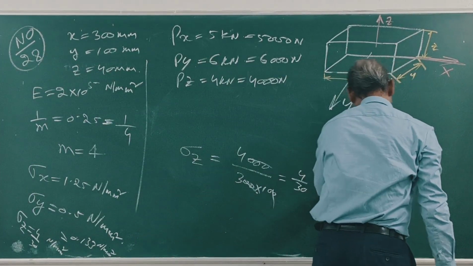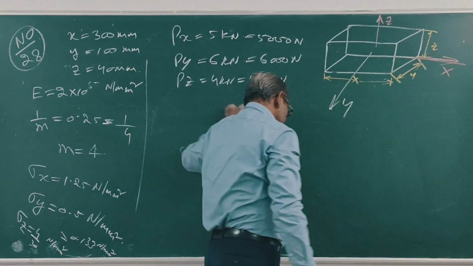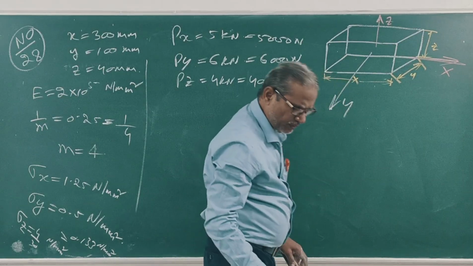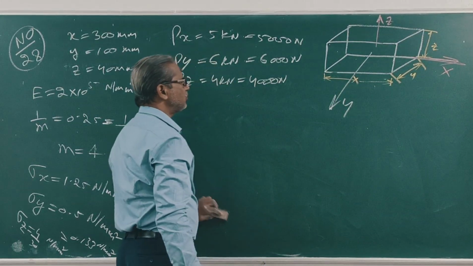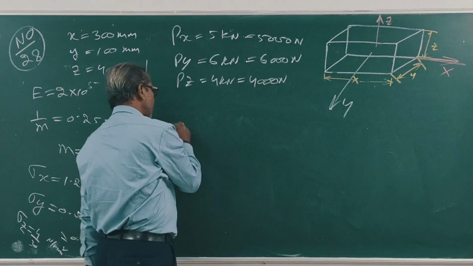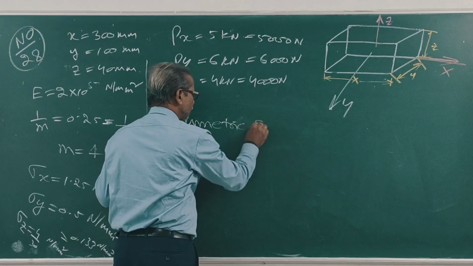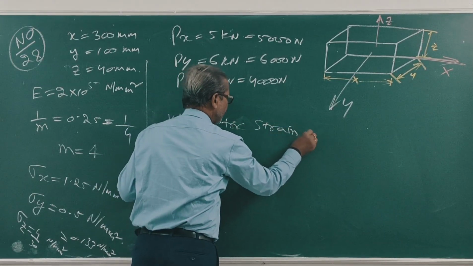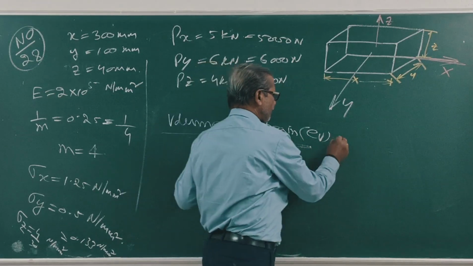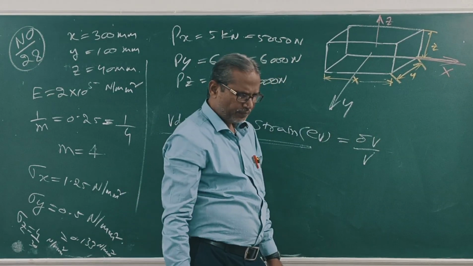Now volumetric strain. Volumetric strain EV is equal to delta V by V. First find out delta V by V. Clear?